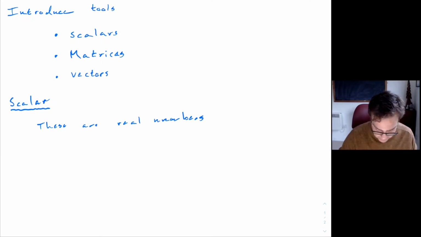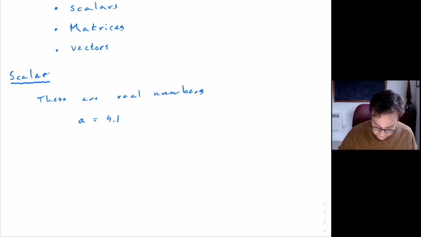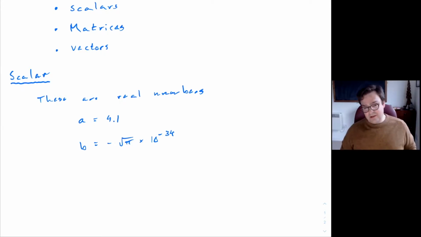You just may not know them by that name. So a scalar, for example, is the constant a, which is, say, equal to 4.1. Or some more exotic constant like the constant b, which is minus the square root of pi times 10 to the minus 34. So these are scalars. They're just real numbers, decimal numbers if you want, but single real numbers.